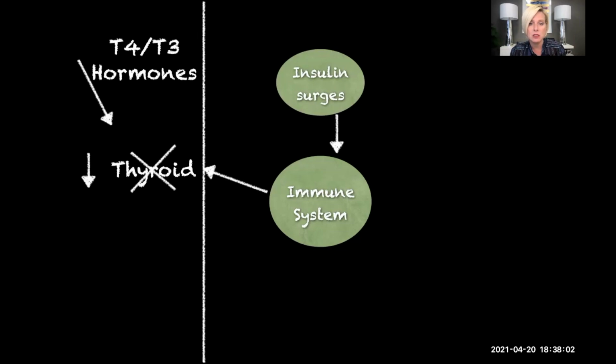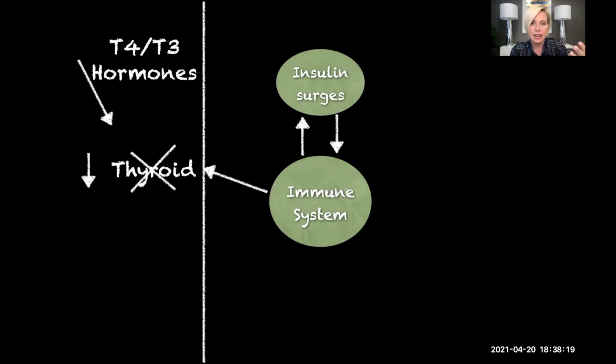And when you have an insulin surge, it triggers the immune system to attack the thyroid, and then it causes another insulin surge, regardless of what you're eating. So you get stuck in this bidirectional feed forward pathway, and it just keeps going in a vicious cycle.